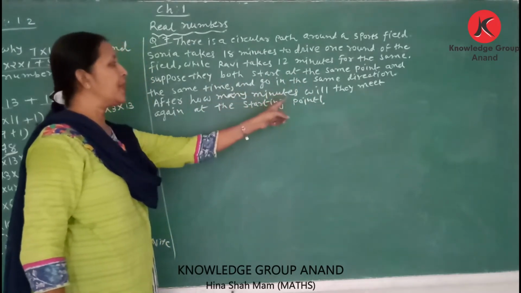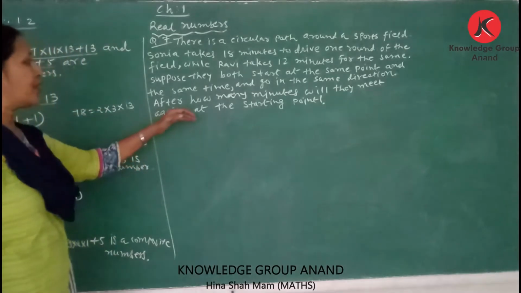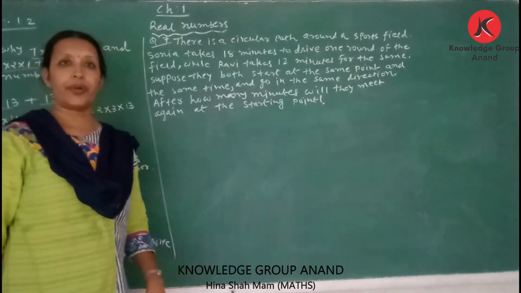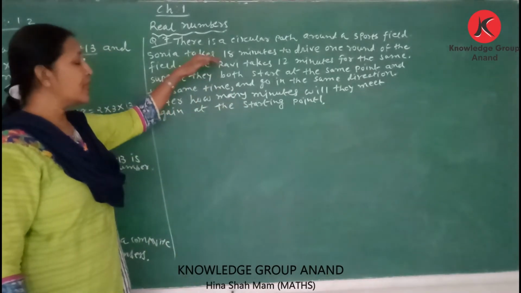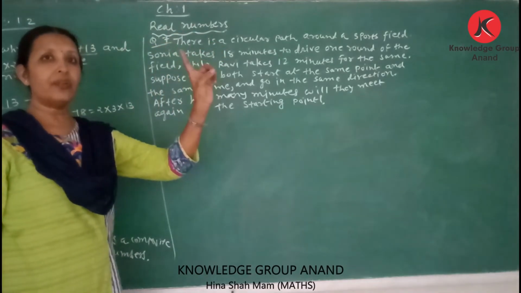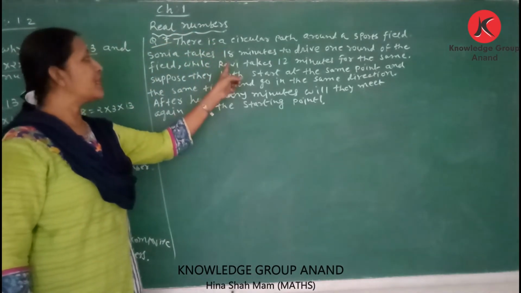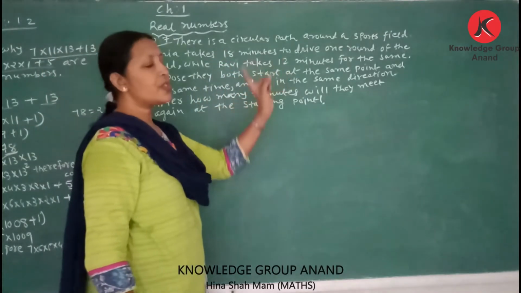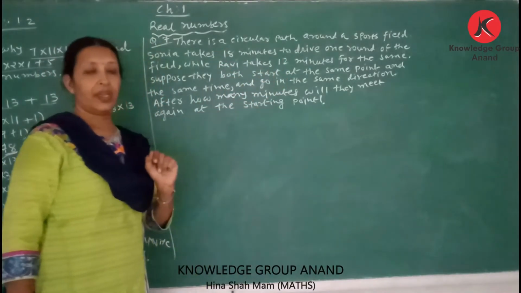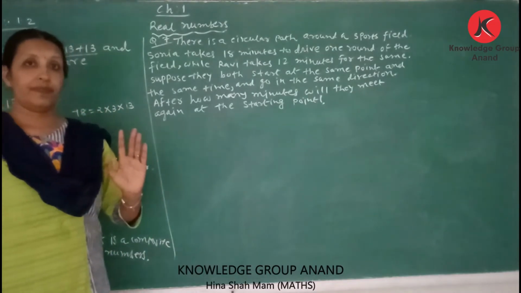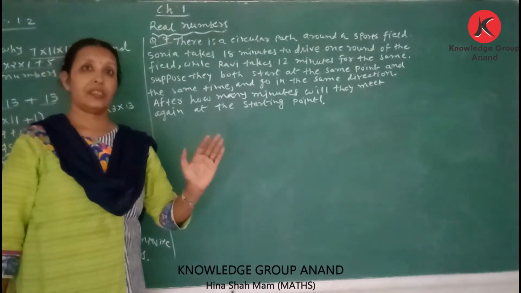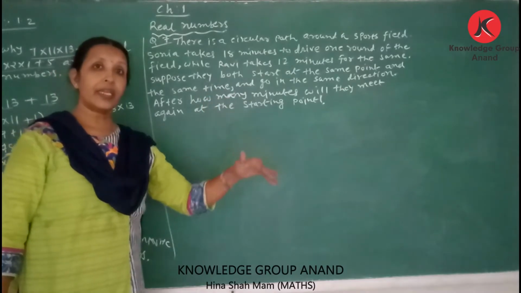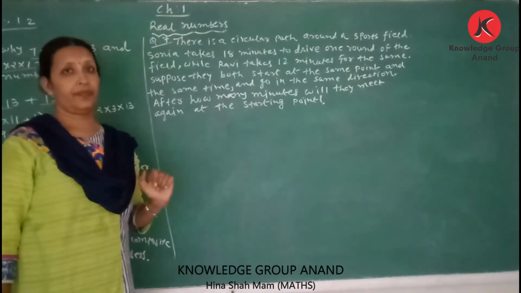After how many minutes will they meet again at the starting point? Here Sonia takes 80 minutes to complete one round, and Ravi takes 12 minutes.